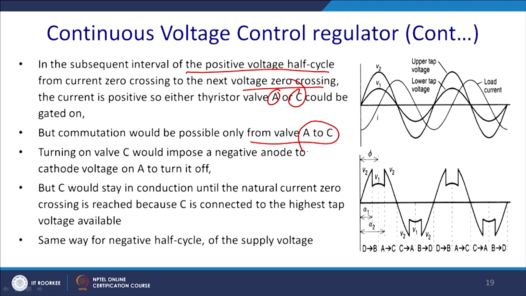Turning on the valve C imposes a negative anode to cathode voltage on A to turn it off, and C could stay in conduction until the natural current zero crossing or the holding current of the thyristor is reached, because C is connected to the higher voltage tap in some way for the negative half cycle of the power supply. And thus what happened?